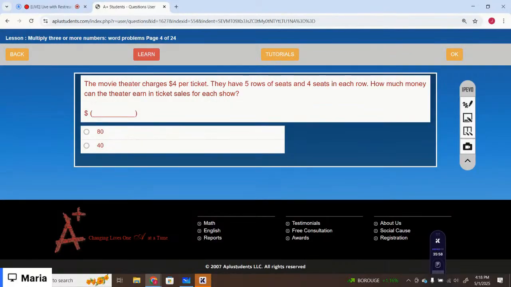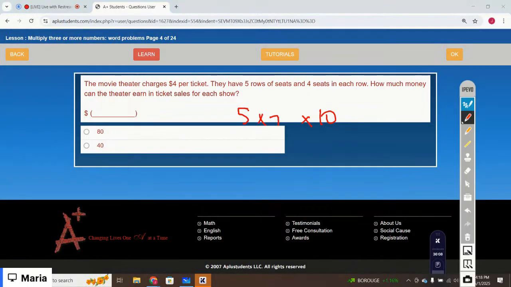The movie theater charges $4 per ticket. They have 5 rows of seats and $4, 5 rows, 4 seats. So which is the correct option?